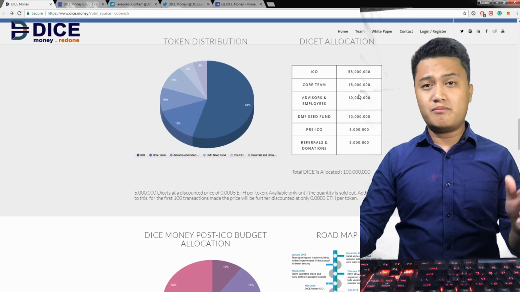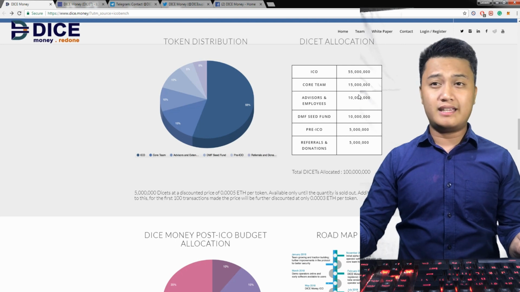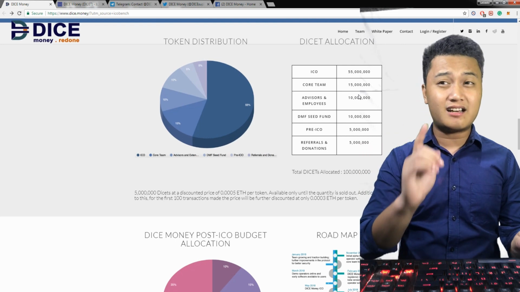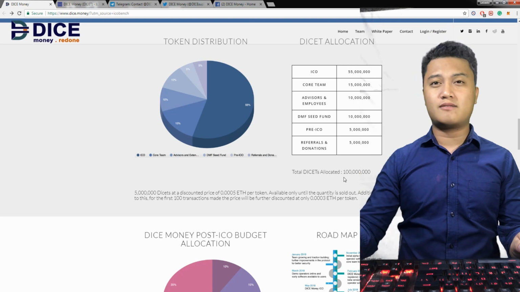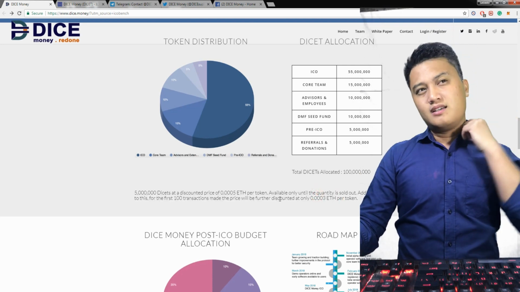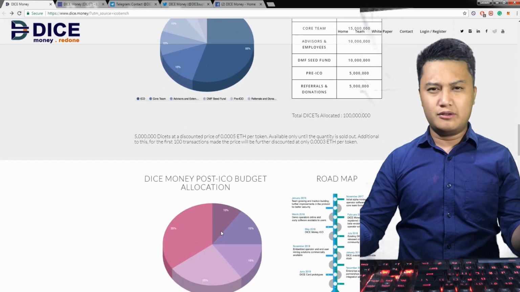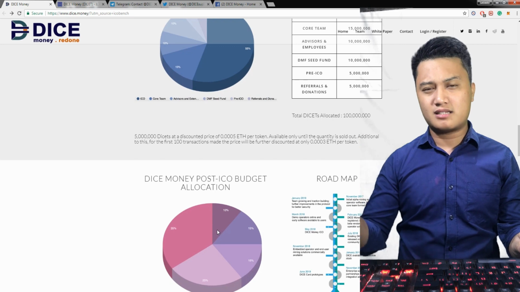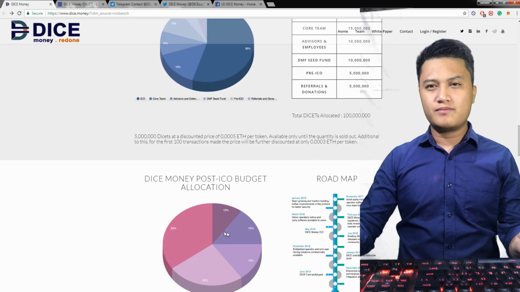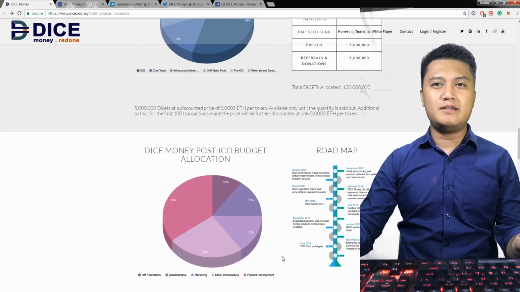They have a vesting or lock-in period of 1 year, but they are allowed to use up to 50% of those allocated tokens every year. So for the first year, out of 25 million, they can use a maximum of 12.5 million DCET tokens. So that's it, guys, for the token allocation of the team.